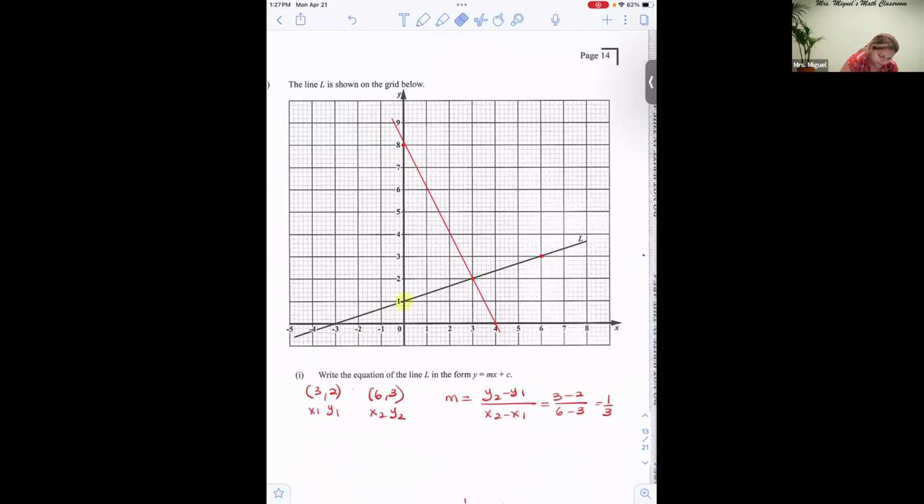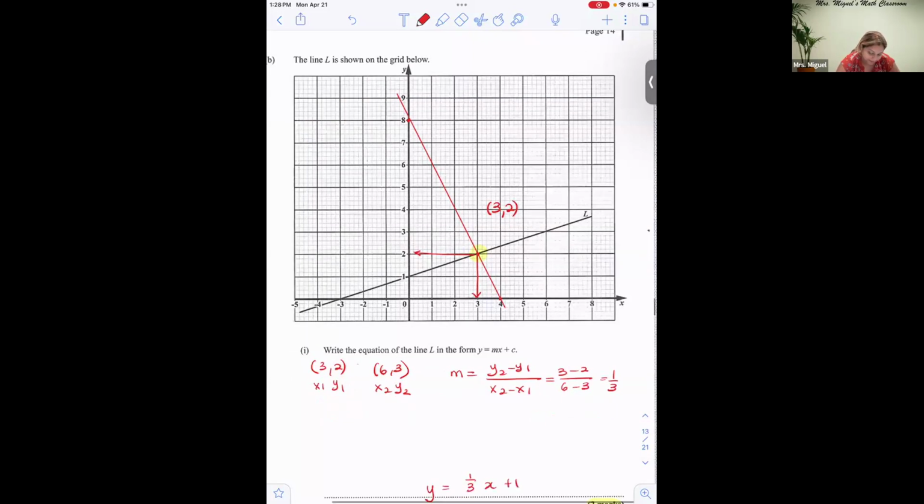The point where the two lines intersect is the solution to the system of equations, and that point is when x is 3 and y is 2. So this is the answer here. For drawing the graph, you would have gotten 1 mark, and for stating the solution (3, 2), you would have gotten the second mark.